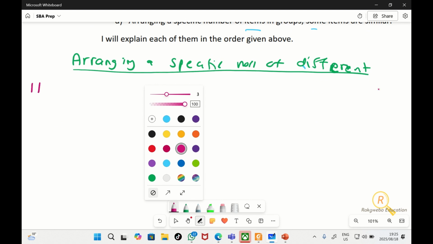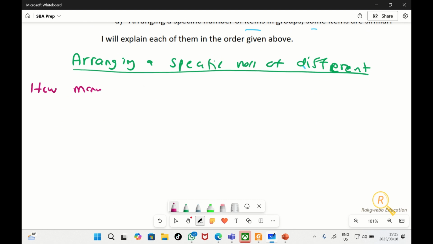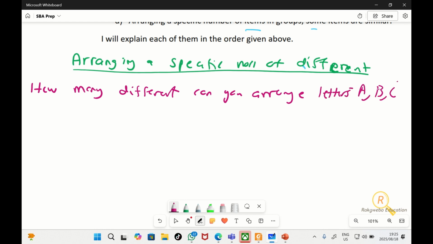So, how many different ways can you arrange letters A, B, C?